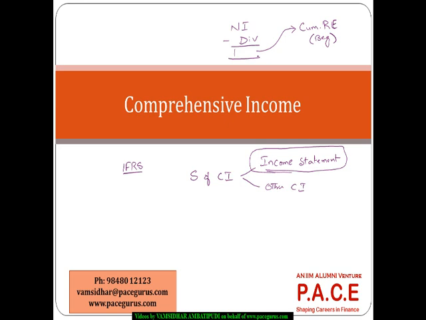So what we are able to see here is that whatever change in the net income comes up impacts this difference, and this difference goes and impacts the retained earnings on the balance sheet, which means the balance sheet is getting impacted because of the change in the net income.